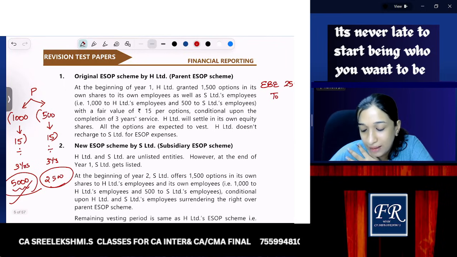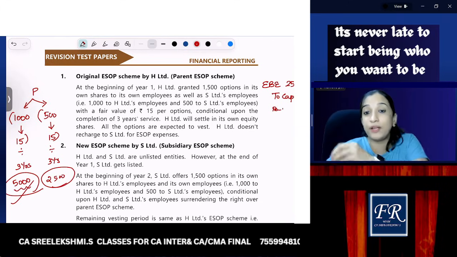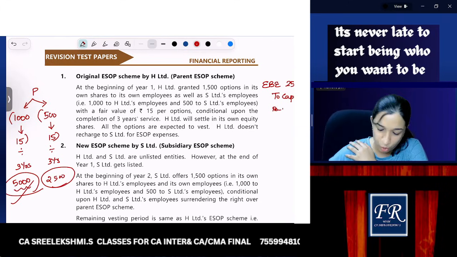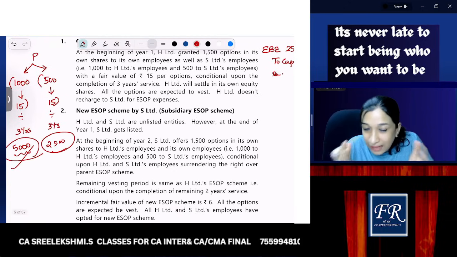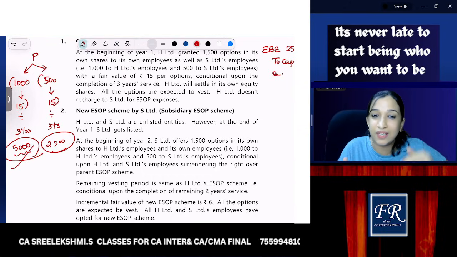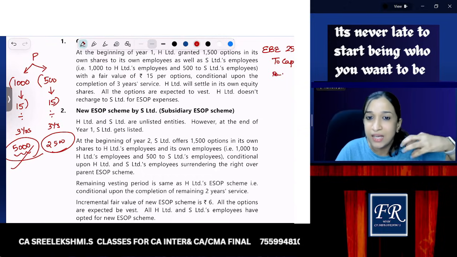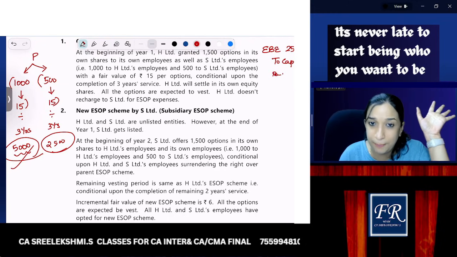No, to capital contribution from parent, because the shares are issued by the parent company. Now, if there is nothing else, the same journal entries will be repeated, and after the vesting period or on the exercise date, the parent will be issuing shares, SBP reserve to share capital.